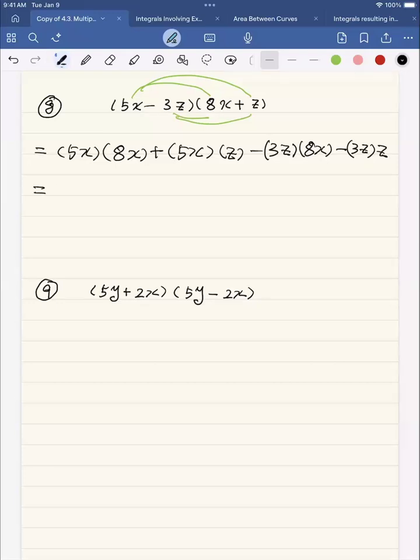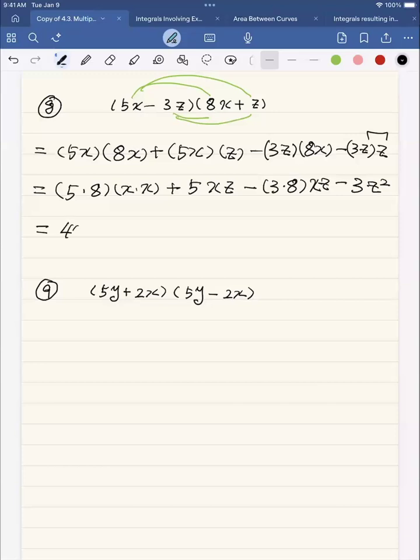So that's 5 times 8 times x squared plus 5xz minus 3 times 8xz minus 3 times z is z squared.